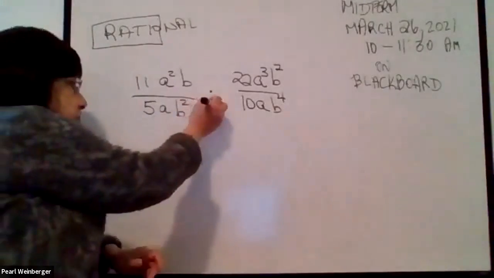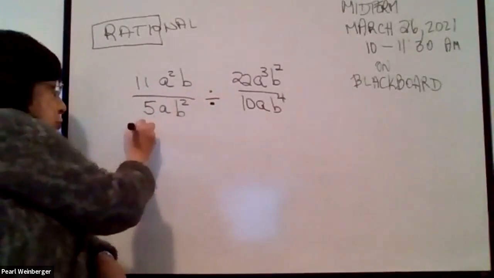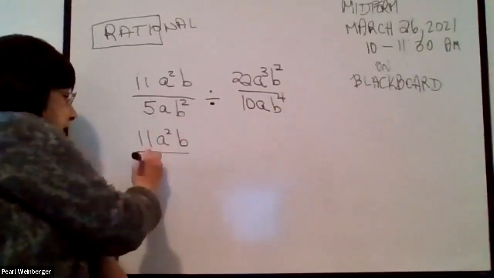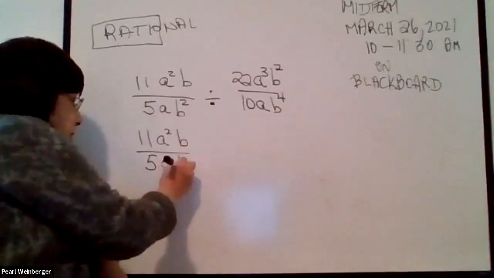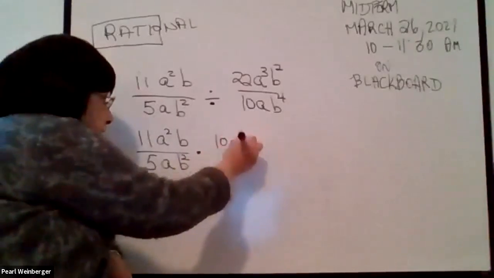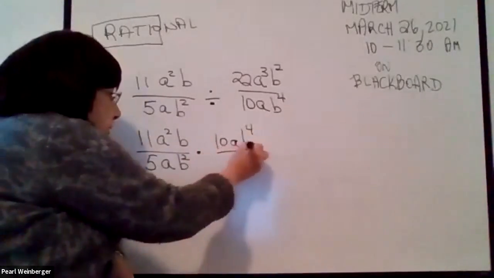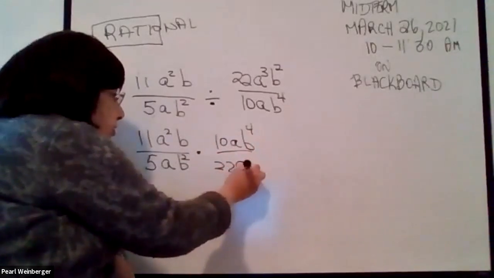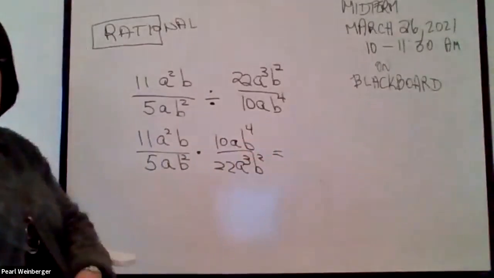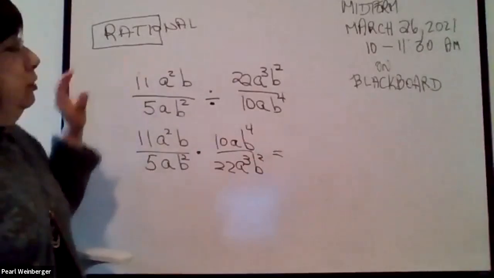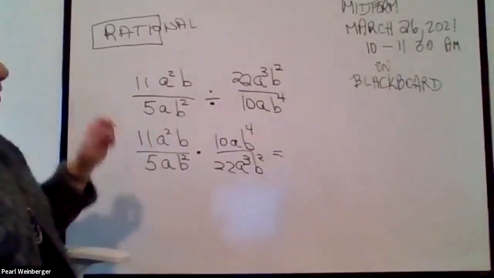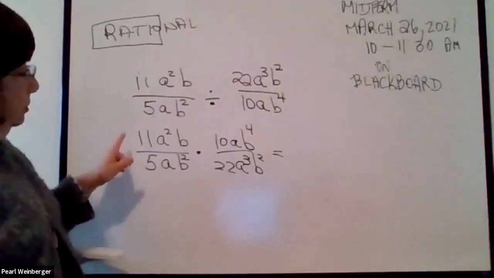Of course, we have to change this to 11a squared b over 5ab squared times 10ab to the fourth over 22a third b squared. So this is an alternate method. Either you can first reduce and then multiply, or you can multiply and then reduce. So Jonathan wanted us to multiply first.